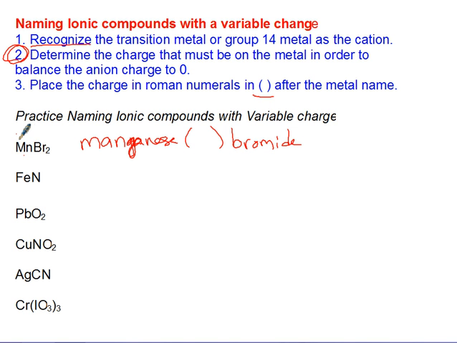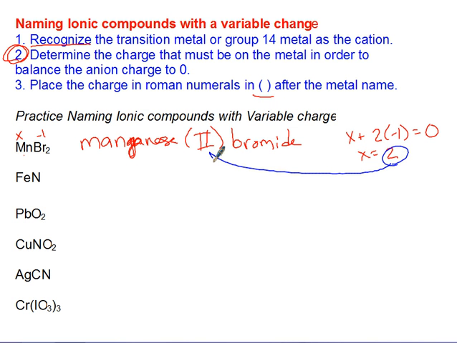If this one is X, I don't know what it is, and this one is a -1, I'm going to have X plus 2 times a -1 equals 0. So X has to equal 2. This 2 is what goes in the parentheses.